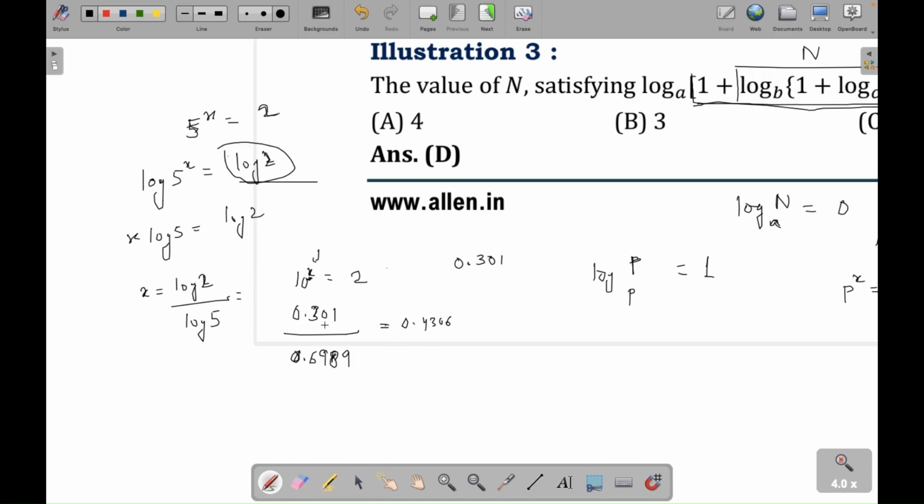Log 2 base 10. So it's 0.301, which is what we have taken.